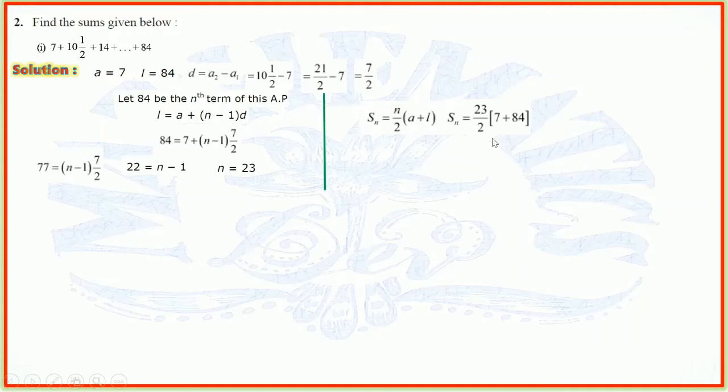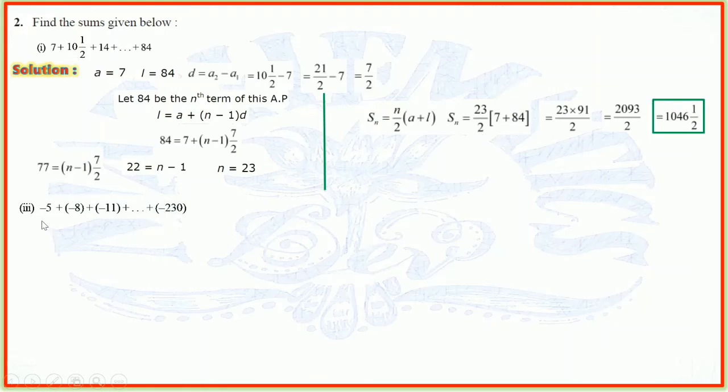So 23 by 2, 7 plus 84, equals 23 into 91 by 2, the product of 23 and 91 is 2093 by 2, which is equal to 1046 1 by 2. That is the final answer of this question number 2.